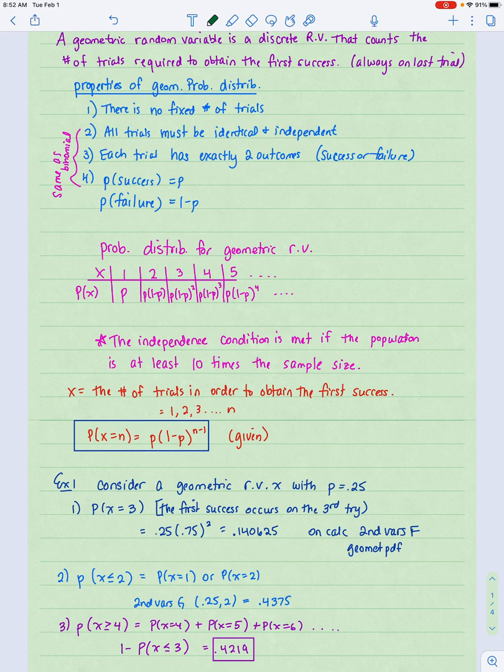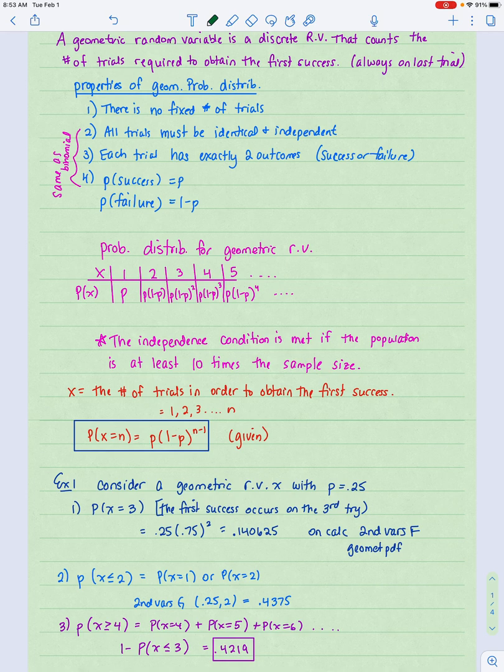All right, so in geometric probability distributions, x represents the number of trials it's going to take in order to obtain the first success. So the formula for geometric probability, if you have to write it out, is the probability of x equaling n is P, which will be in the problem, that's the probability of success on one trial, times 1 minus P to the n minus 1.